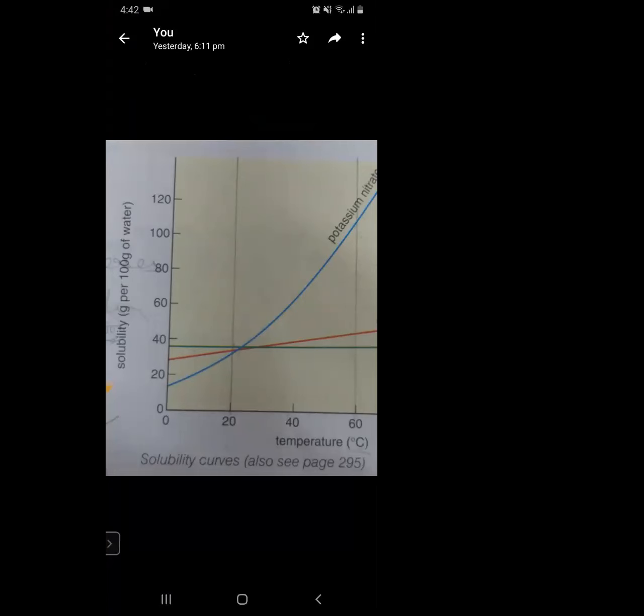You will mark this point, 20 degrees Celsius, and I would recommend that you draw a straight line parallel to the y-axis, passing through 20 degrees Celsius on the x-axis, and then observe which line is at the top, because the line at the top will represent the salt which has most of its mass dissolving in water.